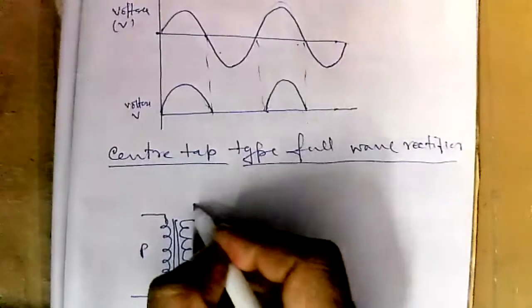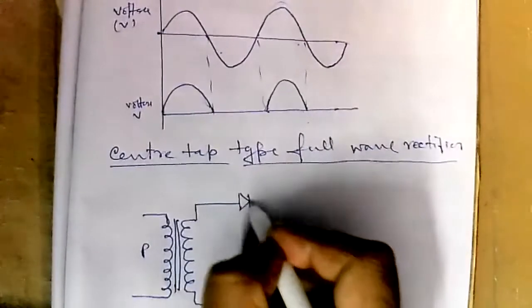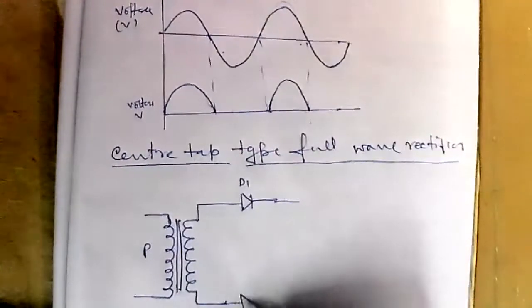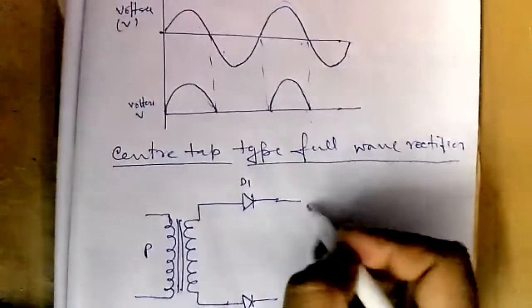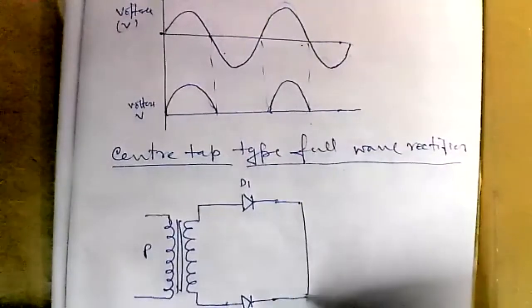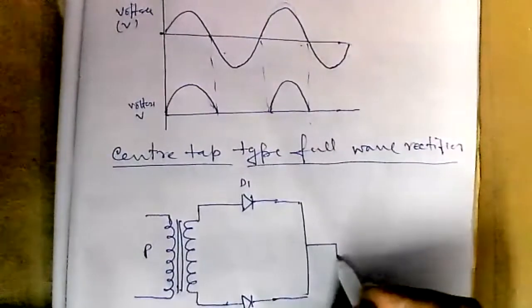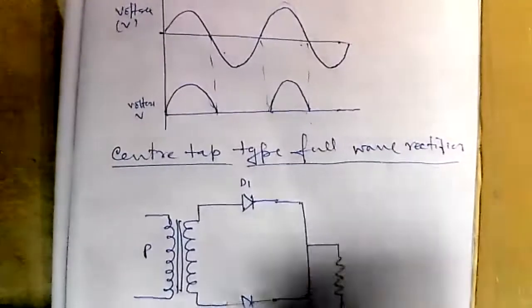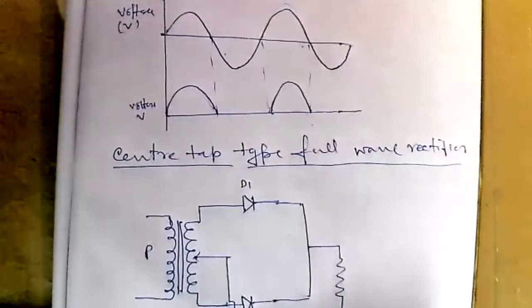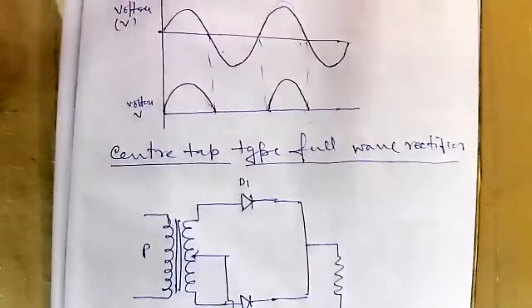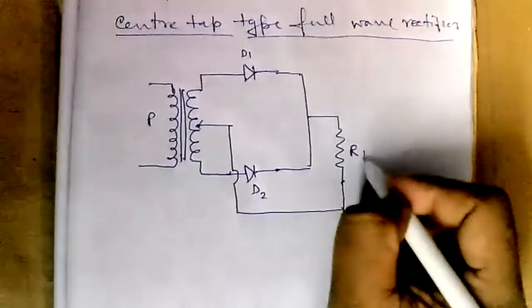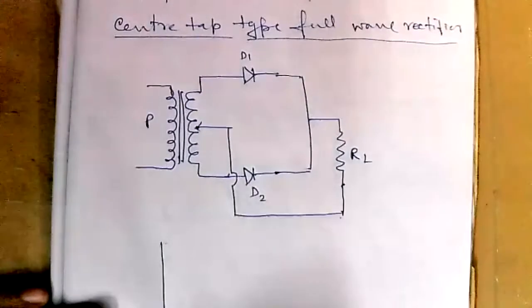Now we will use two diodes, D1 and diode D2. There is a load resistance RL, which is connected with the center of the transformer. Okay, this is RL. Now see what is happening.